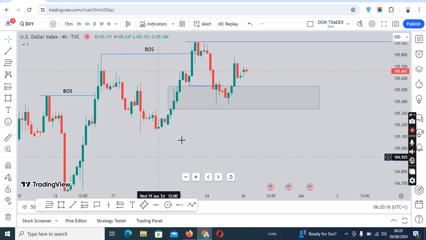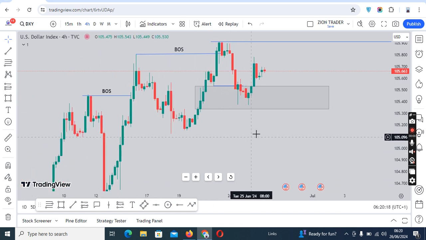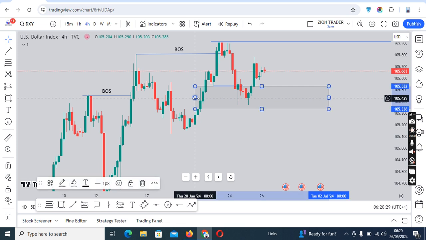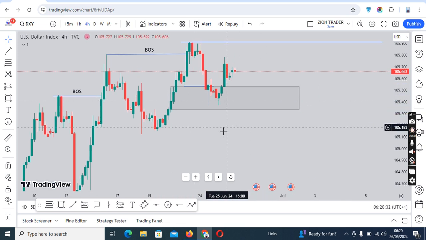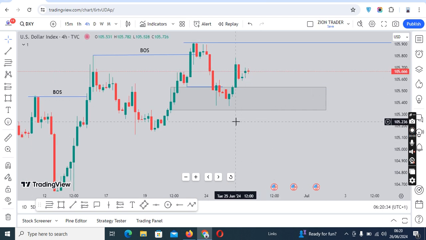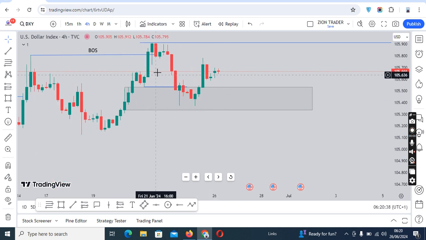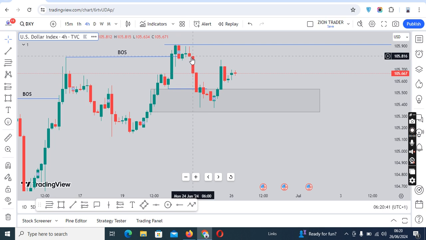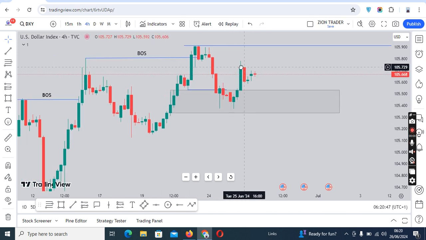You should make sure you take note of the higher time frames. You can see that price respected that higher time frame point of interest, or higher time frame institutional reference point, which is the fair value gap. That's why it's good to start your analysis from the higher time frame into the lower time frame, guys. That's how I was able to know that price was going to violate this order block here and trade into this fair value gap.